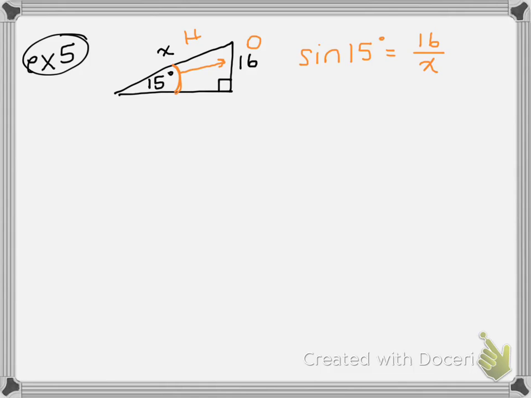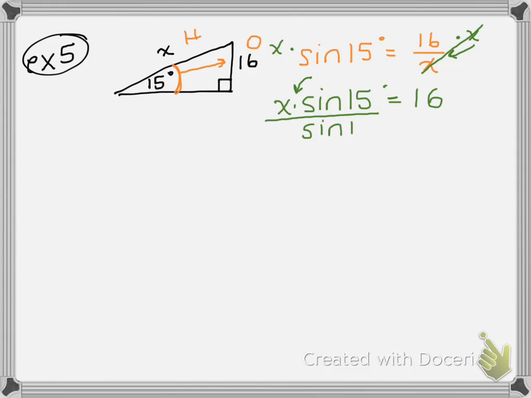Now again, we have x in the bottom of our fraction. So to get it out, we multiply by x on both sides, and that cancels. So we have x times sine of 15 degrees equals 16. We are multiplying, so opposite of multiplying is divide, and you're going to divide by that sine of 15 degrees on both sides.